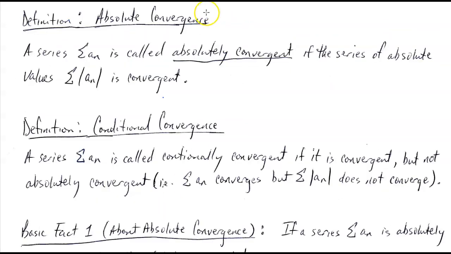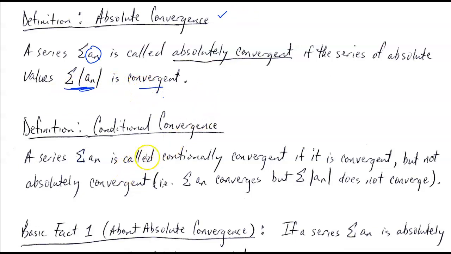All right, so again, for our recap, whenever we have a series, we can call it absolutely convergent if we strip out all the negatives, the terms that are negative in this a sub n, and figure out if this particular series converges or not, and it does.